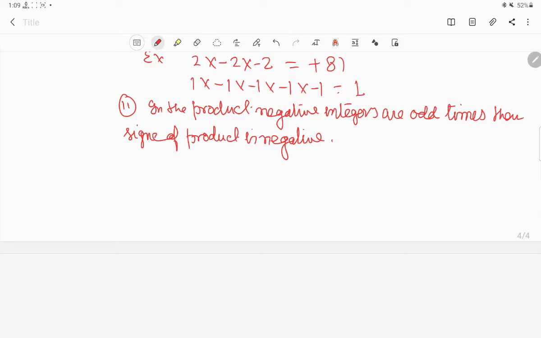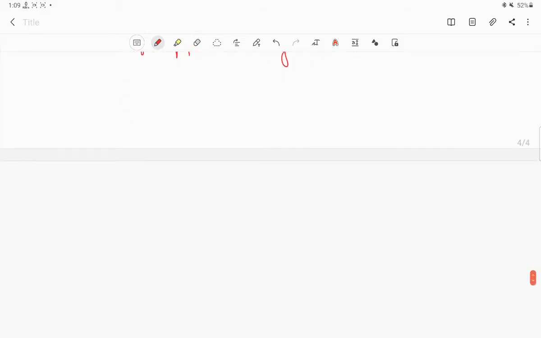If you keep these things in your mind, then you can do any multiplication of integers. Now there are some properties of multiplication of integers.